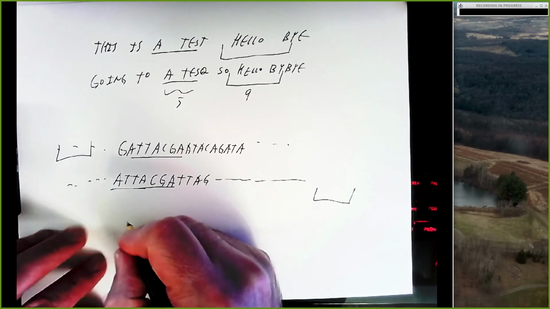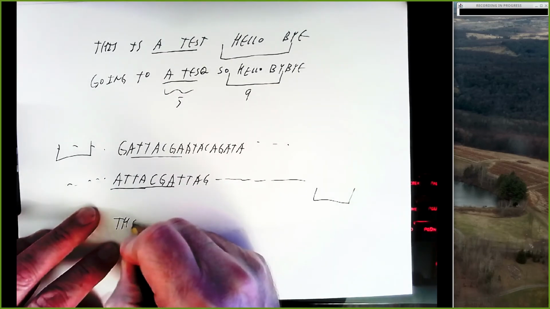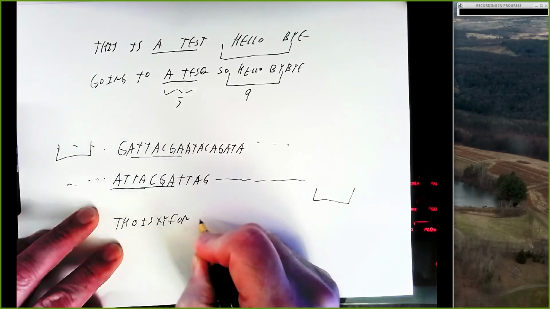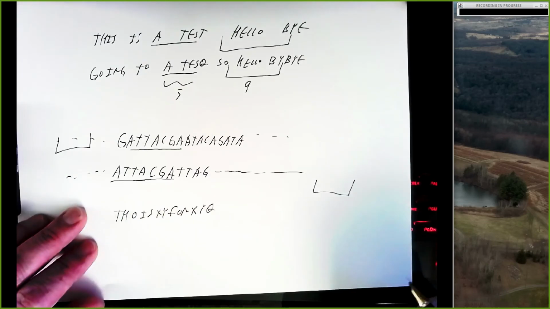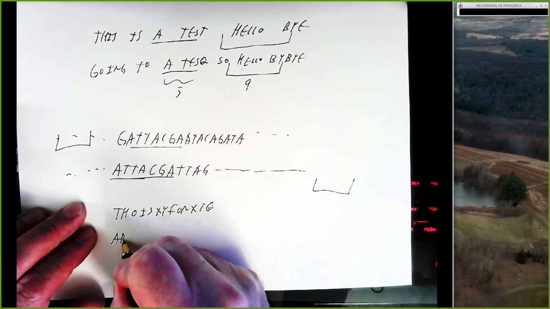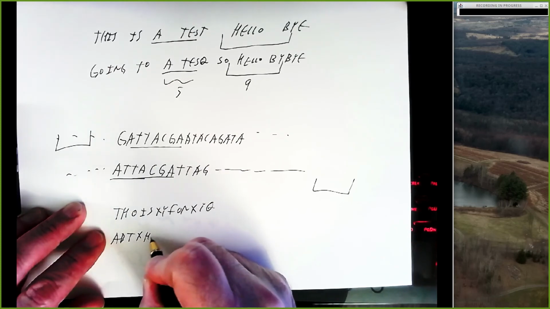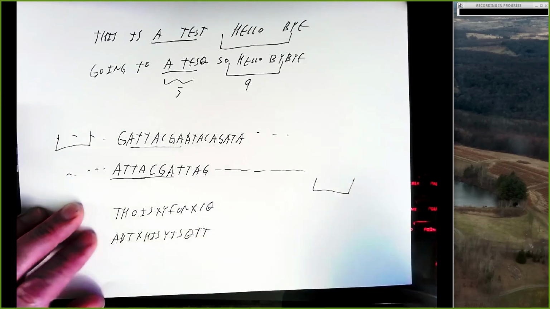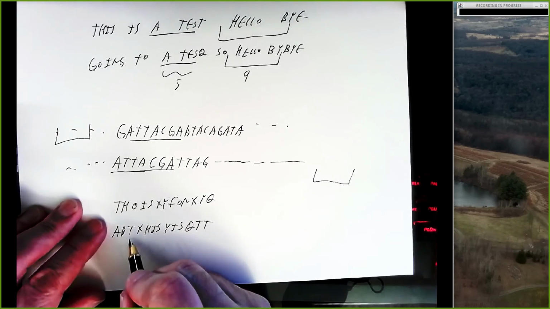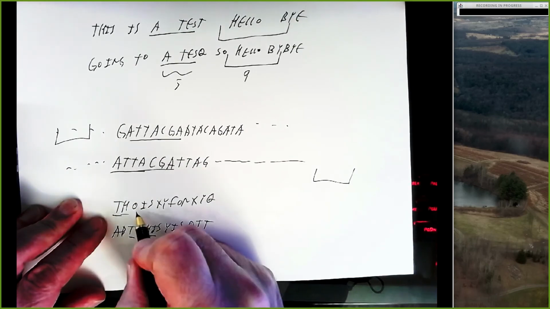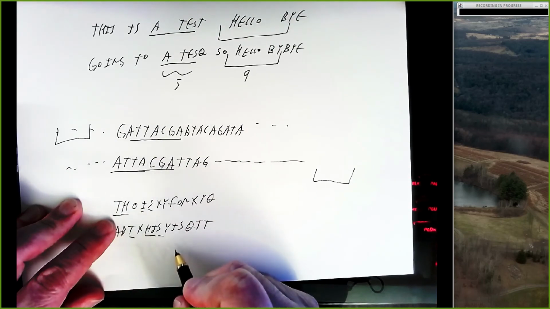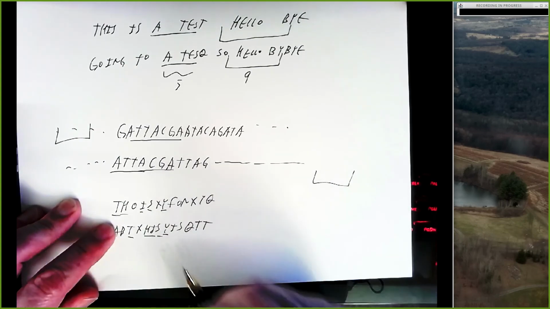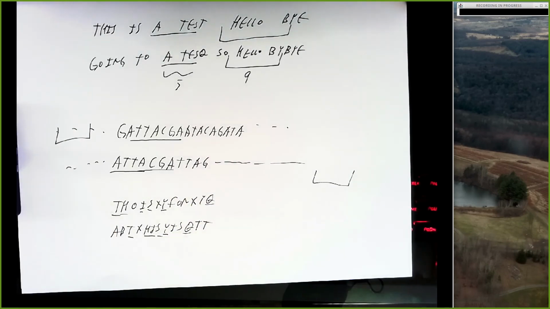So if one string is like this and my other string is like this, what I want to do is say, hey, there's a T, there's an H, there's an I, there's an S, and there's a Y, and there's a Q. So I have two substrings of length 6.